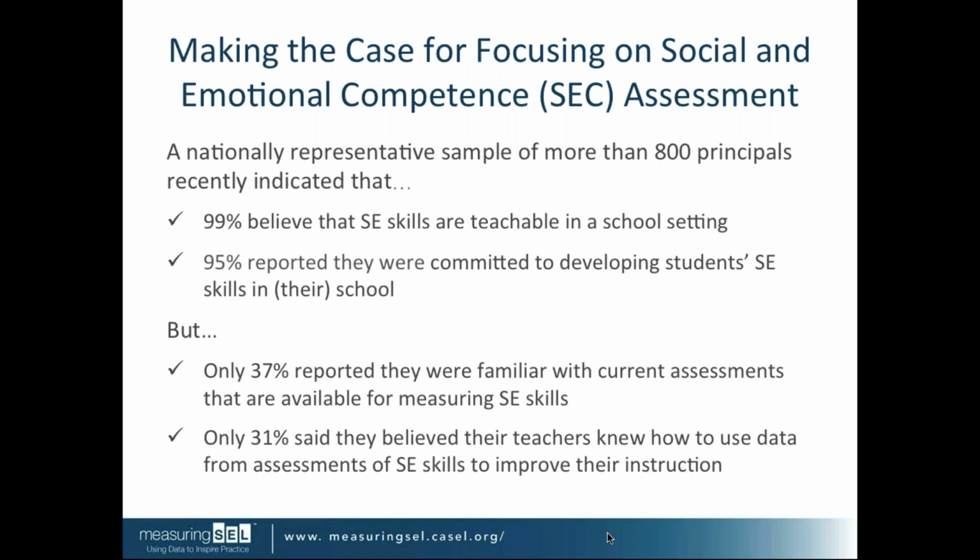Only about a third of the principals felt like they were clear what measures were currently available to assess these competencies. And even fewer felt like, even if they did know, that there was broad understanding in the field among their teachers about what they could do with these measures or how they could be effectively used. So this sort of need in the field really articulates the impetus for this work group coming together.